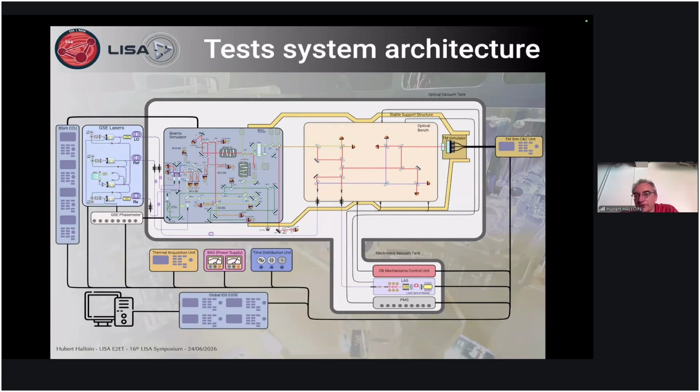You have a simplified view of the optical bench, LISA optical bench here in the middle, just the principle of the bench, not the real actual design. And this bench with everything that needs to be extremely stable will be put in an optical vacuum tank. That is basically the optical bench plus various OGSEs, optical ground support equipment that we'll talk about later.